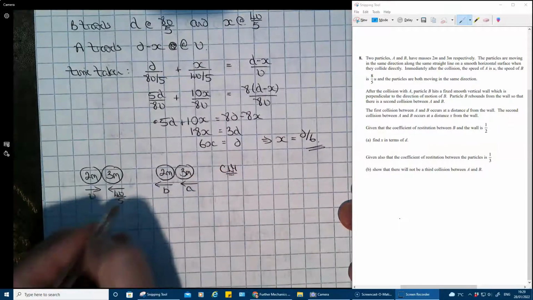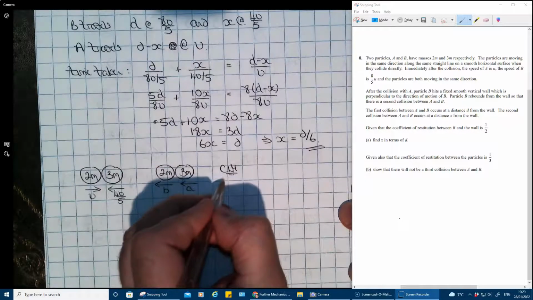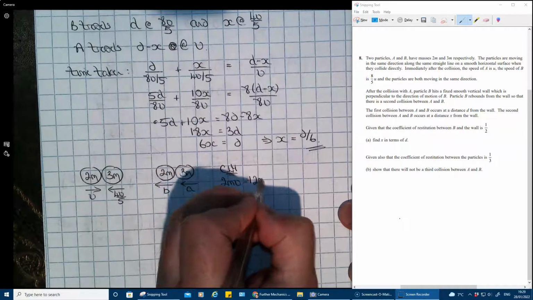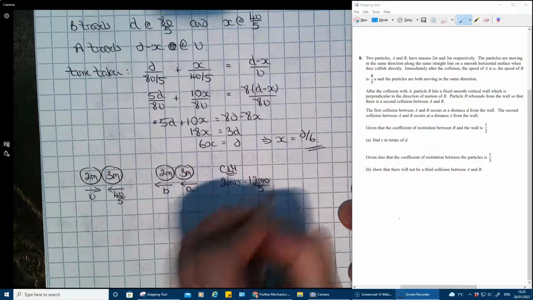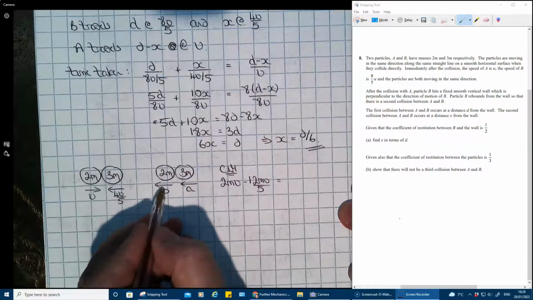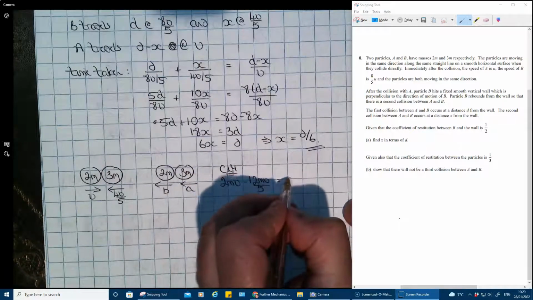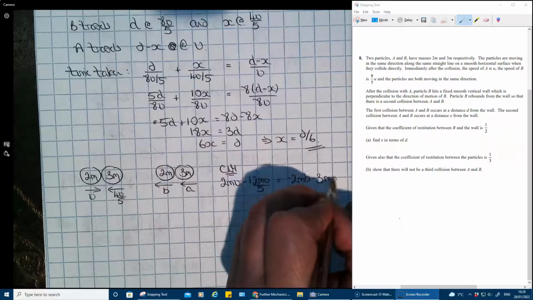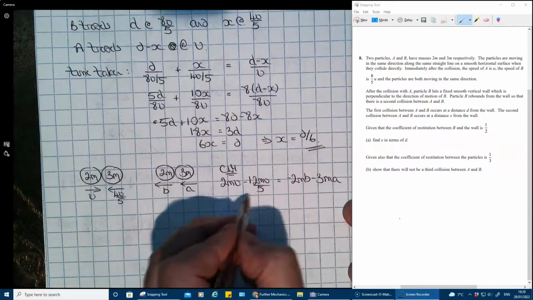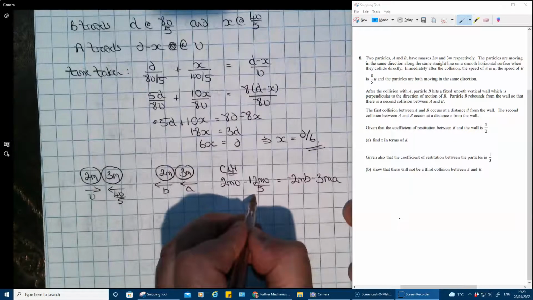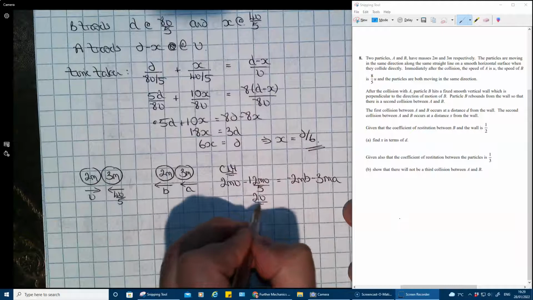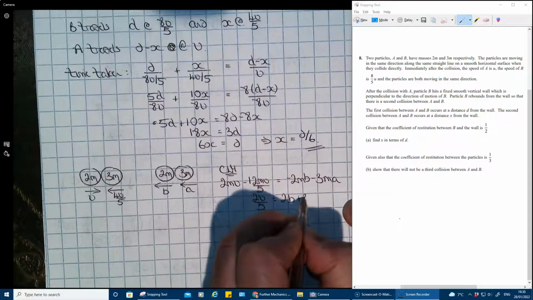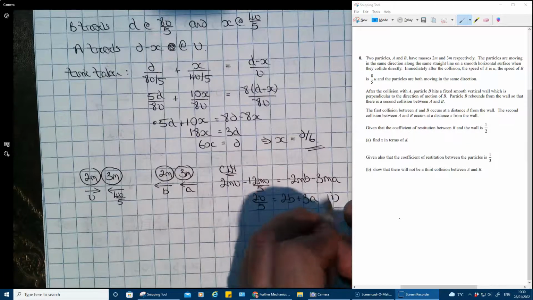So, taken that way, we get 2mu minus 12mu over 5 equals, I've made both these negatives the way I've drawn it, minus 2mb minus 3ma. So move things around a little bit, we get 2u over 5 equals 2b plus 3a. Make a note of that.